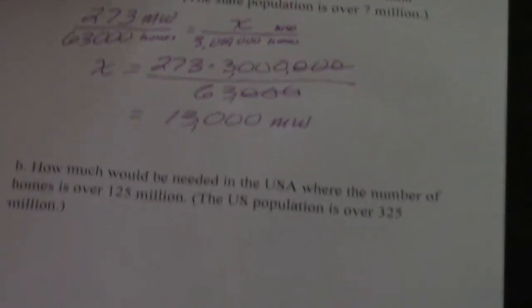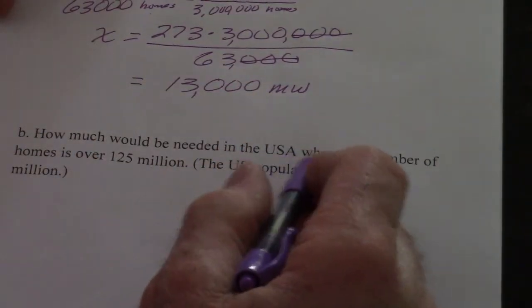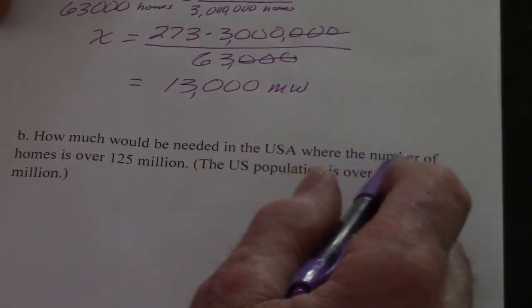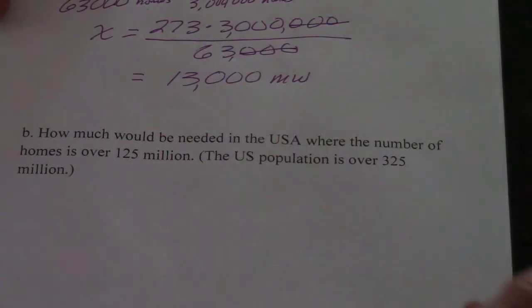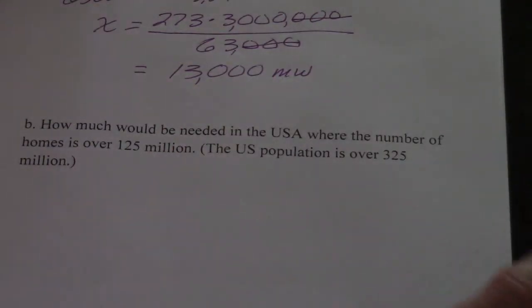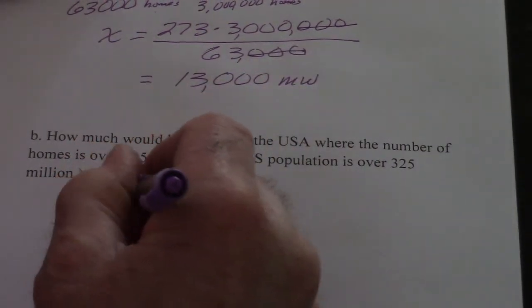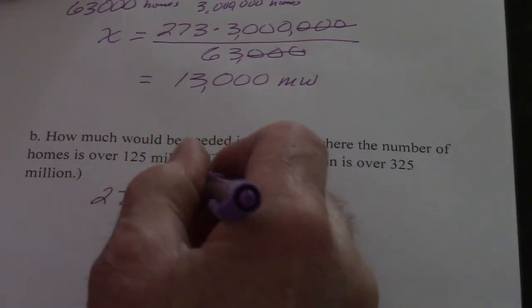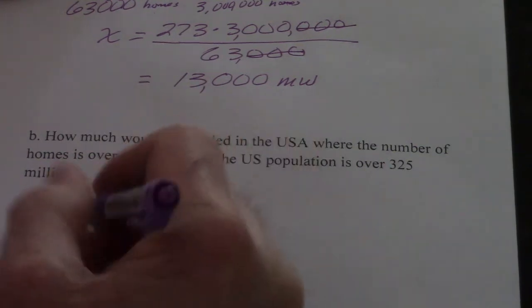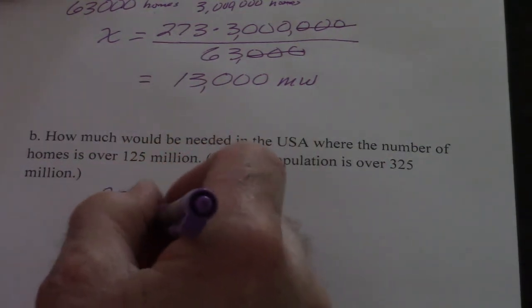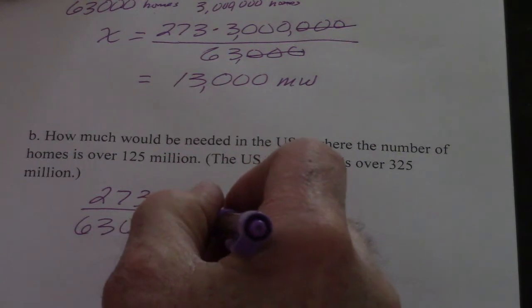Now part B asks how much would be needed in the USA where the number of homes is over 125 million. We would set that up and do it the same exact way. We could still go back to 273 megawatts was enough to power 63,000 homes.